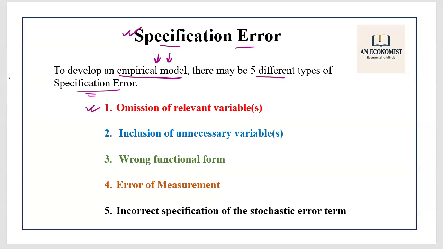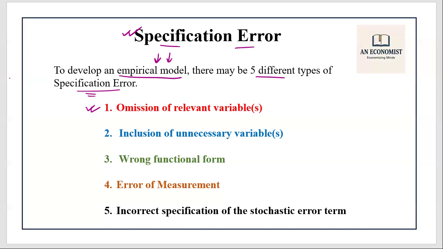The first of them is omission of a relevant variable. Suppose in your model you have 2 to 3 important variables, but mistakenly you have omitted a relevant variable. Relevant means statistically significant.